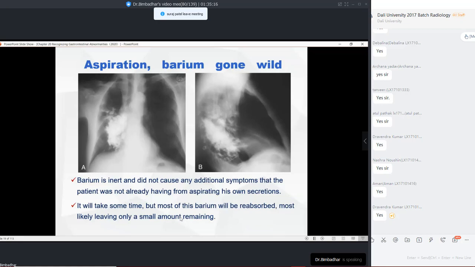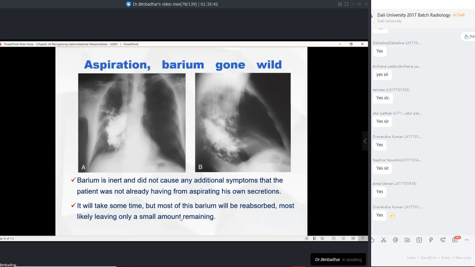Even the barium is just a very inert substance. It does not have any kind of drug effect, and it only has to be excreted over time. It is an inert substance, so it does not cause any additional symptoms that the patient was not already facing.